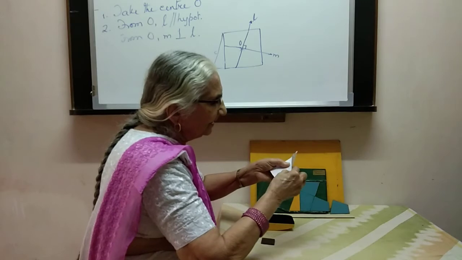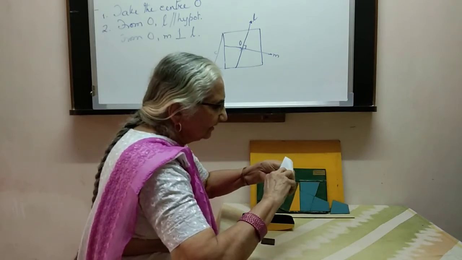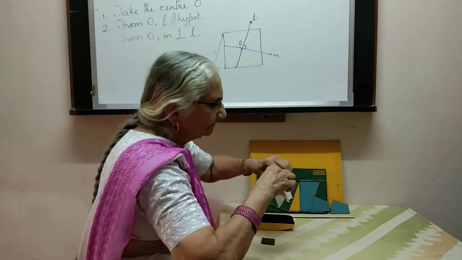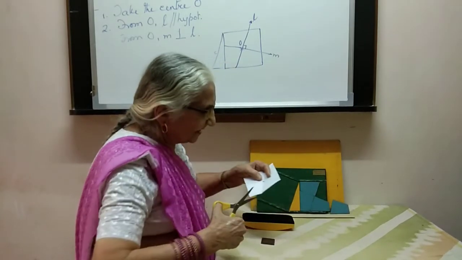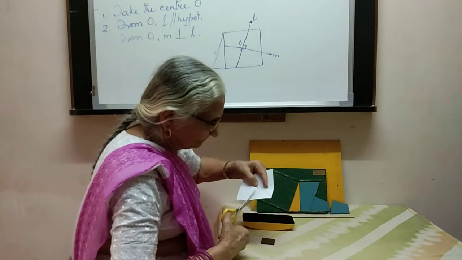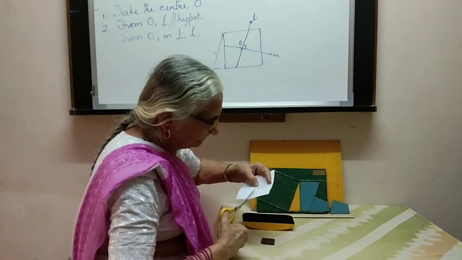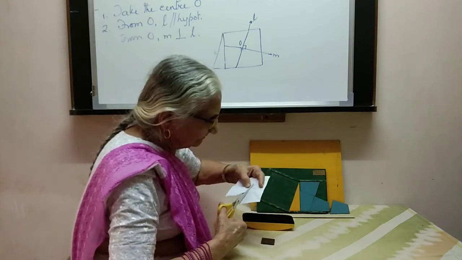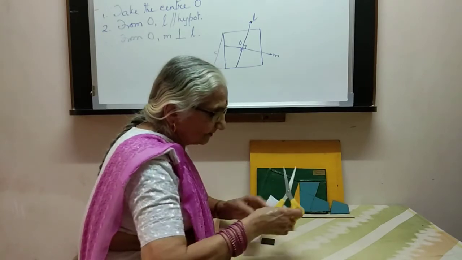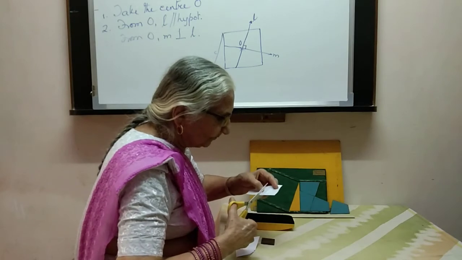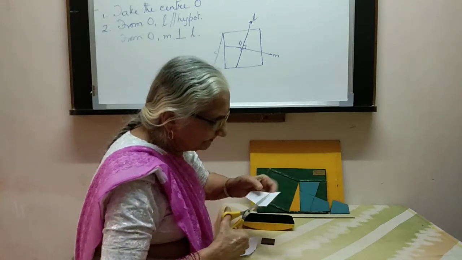And the second line will be perpendicular to it. We know how to take perpendicular by folding. And now we cut the 4 parts. We cut only 1 part, but we get 4 parts now by cutting it.